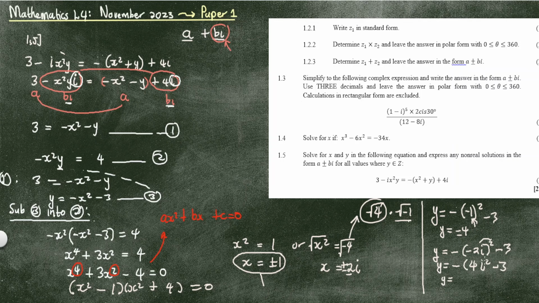Y is equal to minus 4 in brackets, minus 1, minus 3. Simplifying this, it's a positive 4 minus 3. Y is equal to 1. So even if I substitute a positive 2i in this case, I'm still going to get the same answer, y equal to 1.